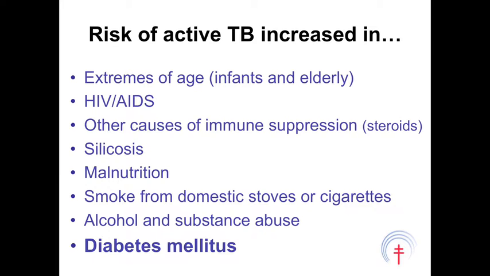Now, that risk is increased in certain circumstances. Of course, the extremes of age, HIV/AIDS, which is the strongest risk factor known to man. And then we have other causes, so silicosis, malnutrition, smoking, alcohol, and diabetes features here as well.